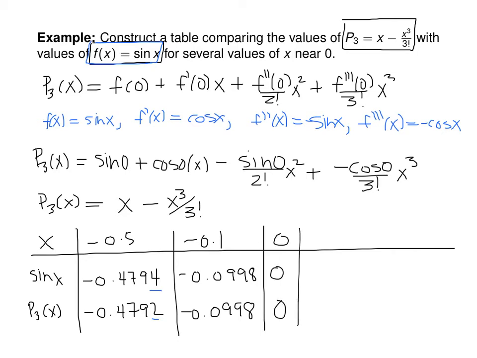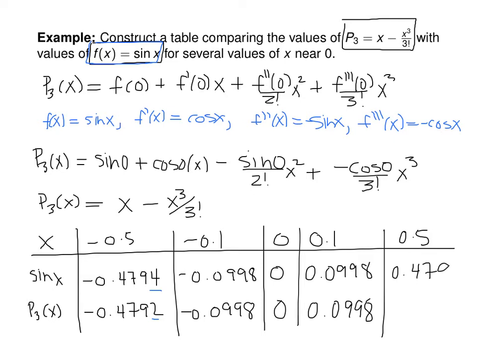And because of the oddness of sine, plugging in 0.1 gives us 0.0998, and the polynomial is also odd. So indistinguishable nearly, at least to 4 places of accuracy at 0.1, and at 0.5 we have 3 places of agreement. So 0.4794 and 0.4792.